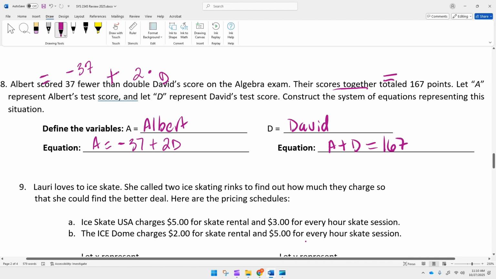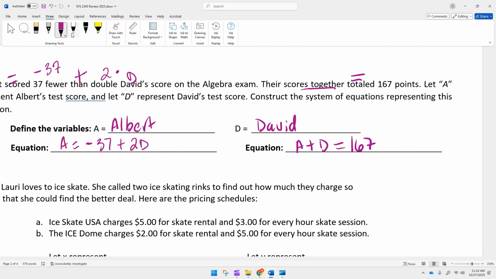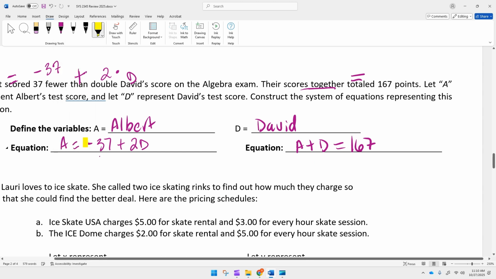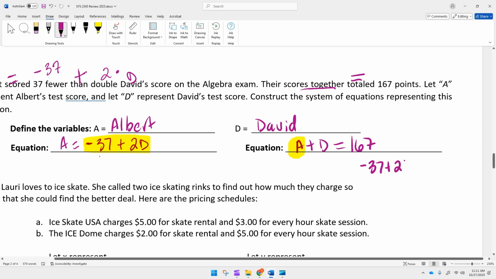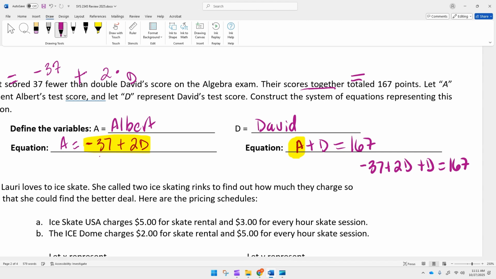If you were to solve this, I would use the substitution method. I would literally take the minus 37 plus 2D and substitute it in for A. So this would become minus 37 plus 2D plus D equals 167. Combine like terms.